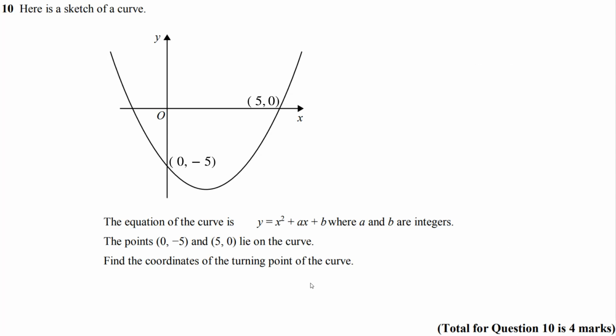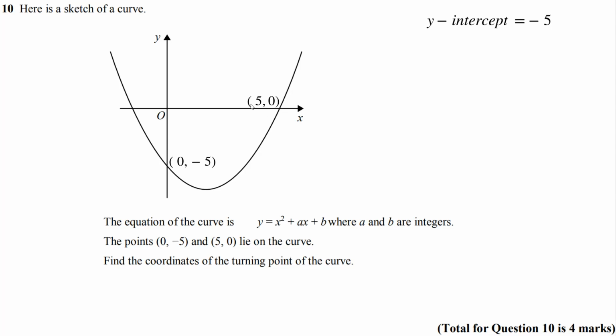This is the other way that I did it. Imagine you have a double bracket. First of all, we'll say that the y-intercept is minus 5, as we've been told. This double bracket will give you this curve, x squared plus ax minus 5. We don't know what this point is, but we know what this one is.